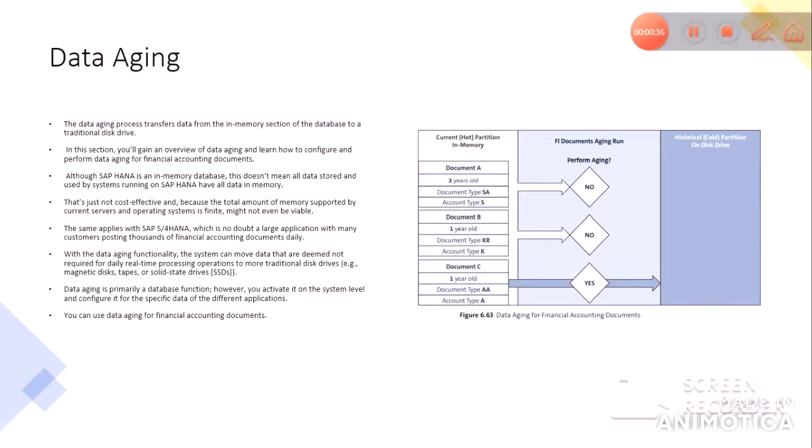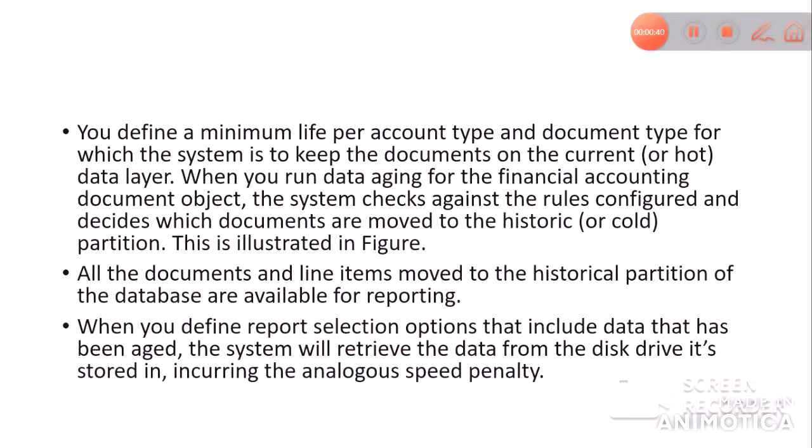You define a minimum life per account type and document type for which the system is to keep the documents on the current data layer. When you run data aging for the financial accounting document object, the system checks against the rules configured and decides which documents are moved to the historic partition. This is illustrated in the figure.